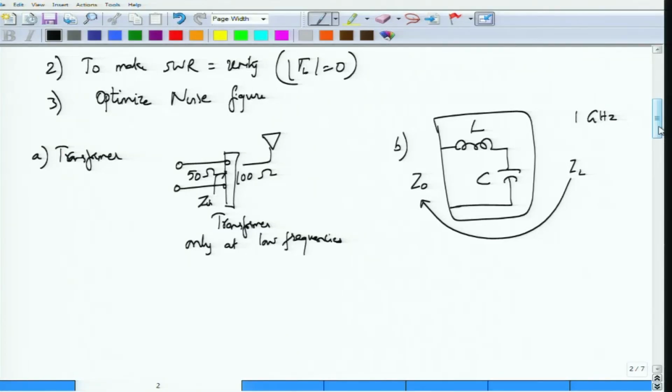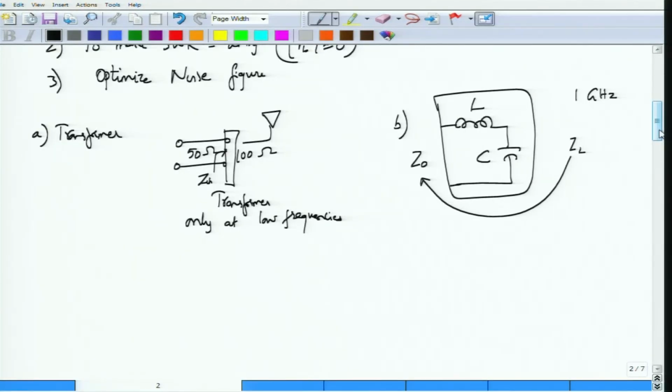So if you go beyond these frequencies, then lumped element matching networks are no longer the preferred choices, because you don't get an inductor to act like an inductor at high frequencies. An inductor actually acts like an RLC circuit. So this is how a typical inductor would look like. Probably the resistors should come in parallel, but that doesn't really matter. Similarly, a capacitor would also look like an RC circuit.